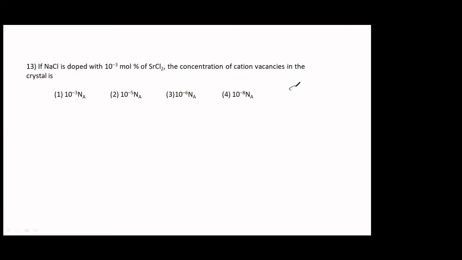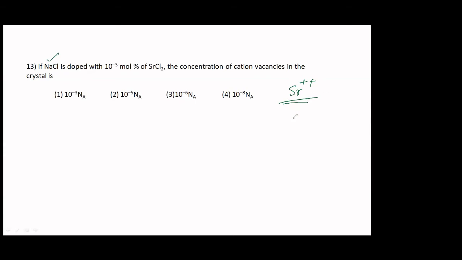When Sr2+ is introduced as an impurity, it will definitely increase the conductivity of NaCl. Otherwise, NaCl will be non-conductive because ions are not free. So you have to introduce some impurity so that either there will be extra electrons or extra holes. Okay.